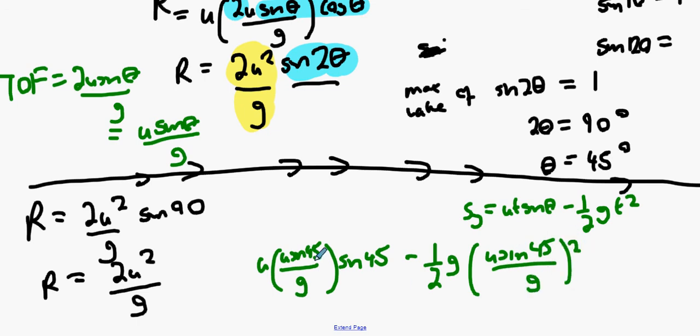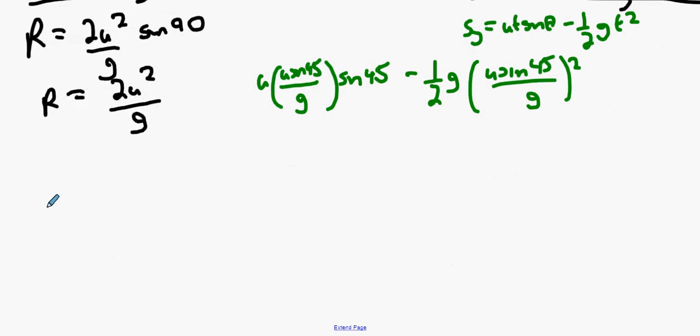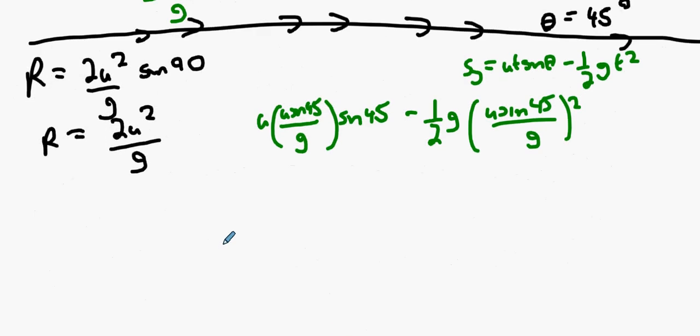Okay, so what's sine 45 multiplied by another sine 45? 1 over root 2 multiplied by another 1 over root 2. 1 over 2. So it's going to be u squared over 2g, because the sine 45 and the sine 45 equals a half.